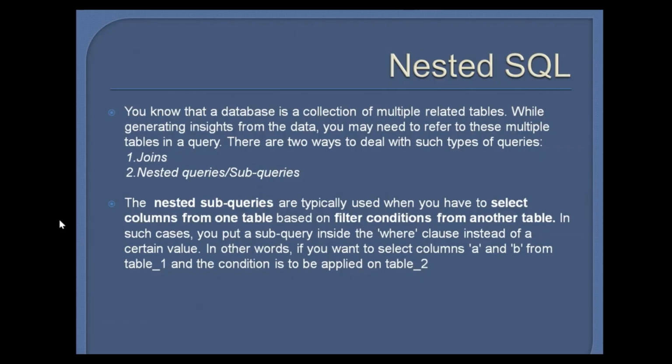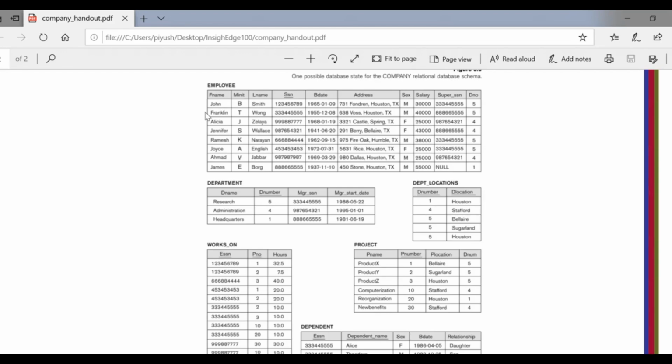Let us now focus on the next topic, which is nested SQL. Well, you know, in a database, there are multiple tables. As we have seen in the company handout, like this one, there are employee table, department, location, and so on. Now, suppose your manager asks you to fetch the details from the employee and from the department table for the department number 5.